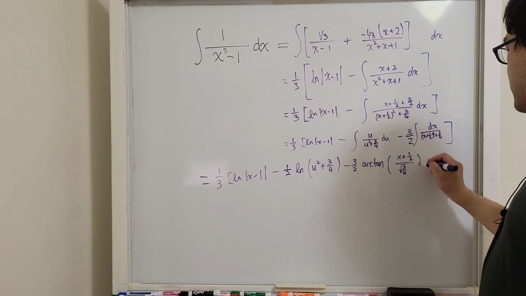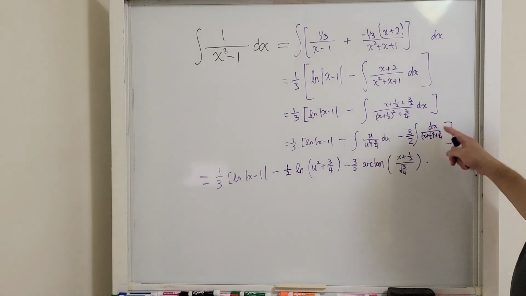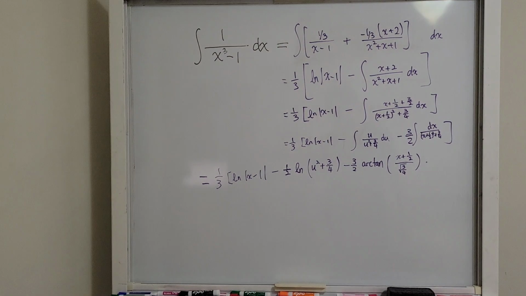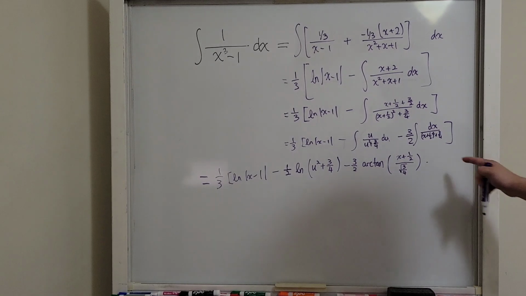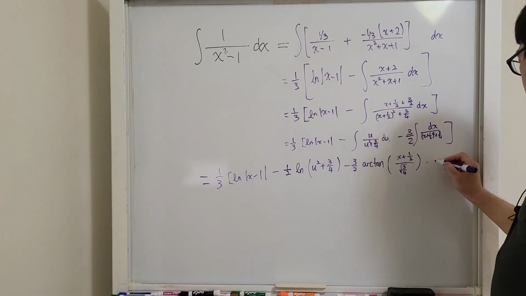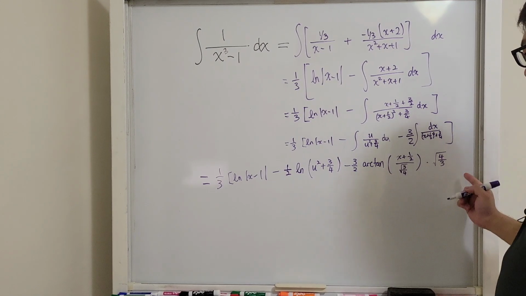And then don't forget, we have to undo the chain rule by multiplying the inverse of the square root of 3 over 4. So, in fact, we're going to multiply with the square root of 4 over 3.